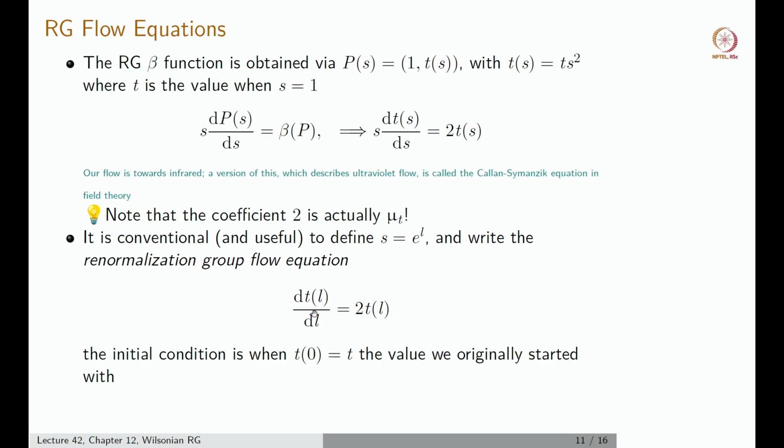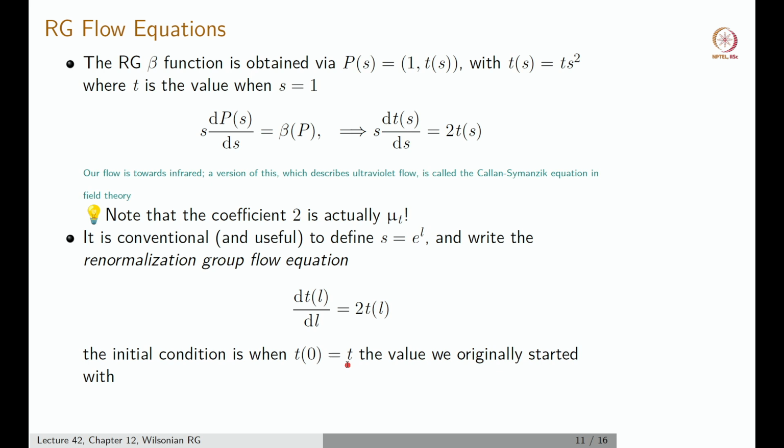So little l equal to 0 is S equal to 1, and therefore this equation, which is typically called the renormalization group flow equation, is dt by dl equals 2 times t(l), and the initial condition for starting where we start our theory is t(0) equal to t.